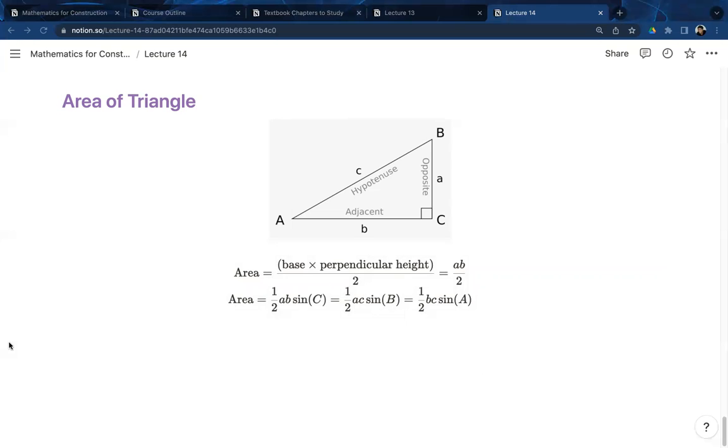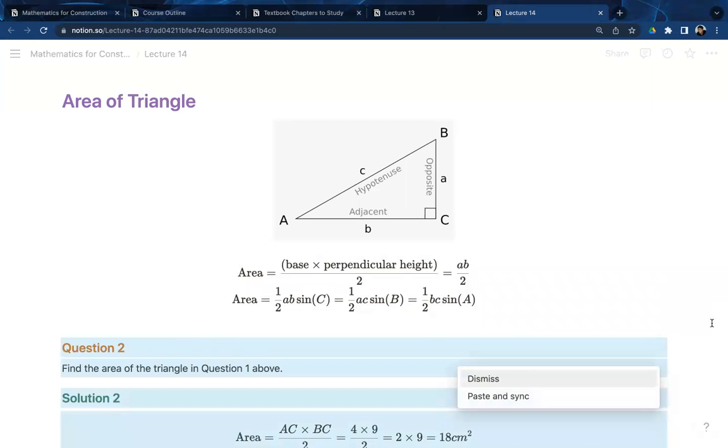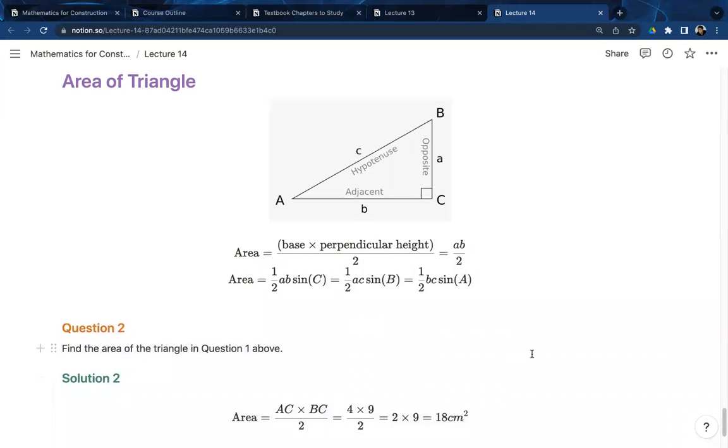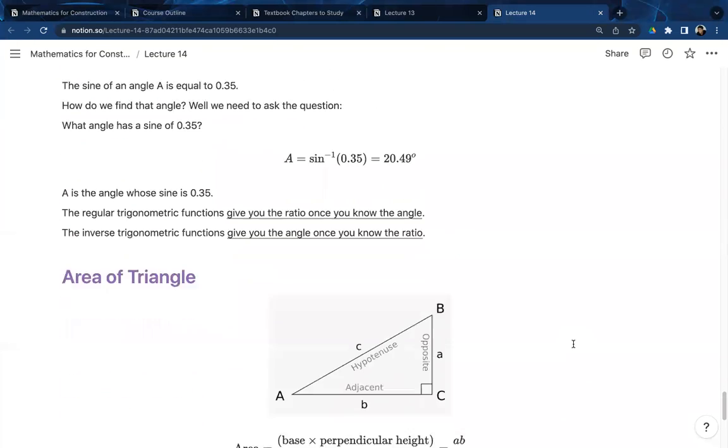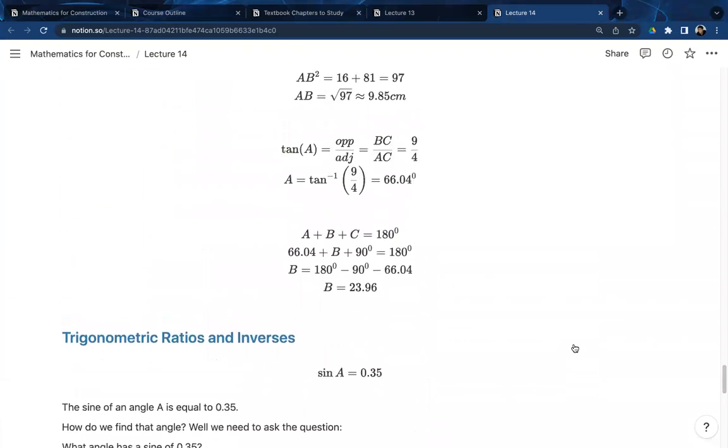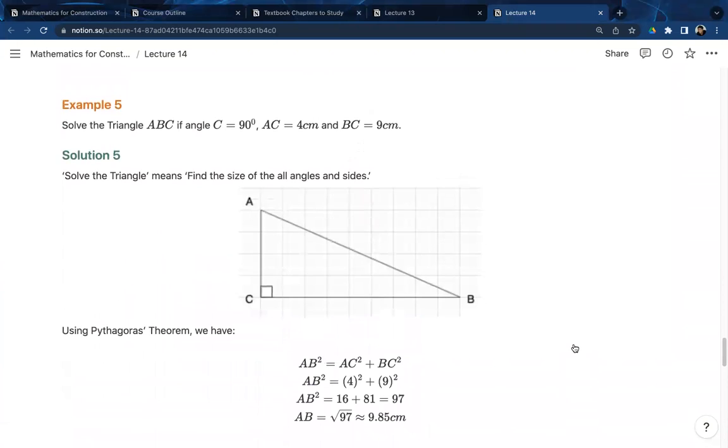So we could try an example here. Find the area of the triangle in question 1 above. So, example 5.